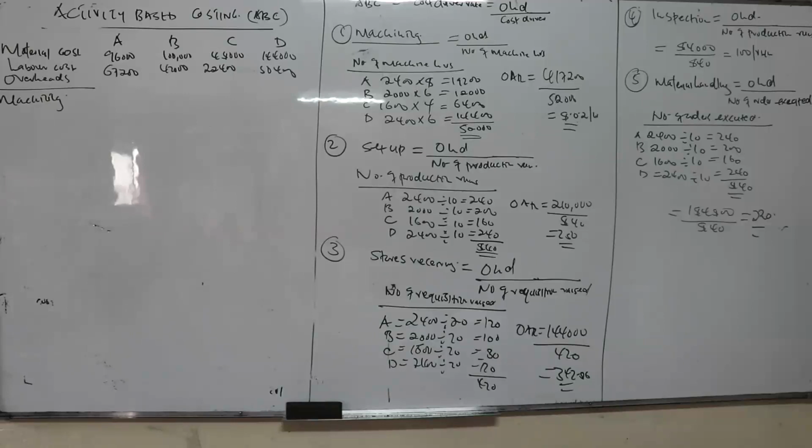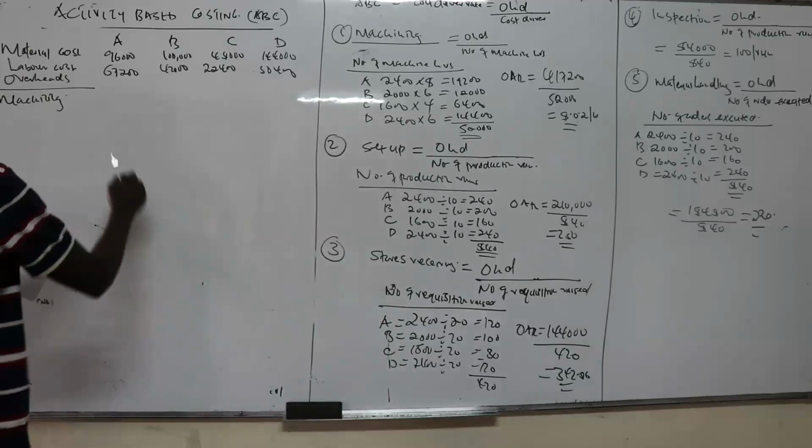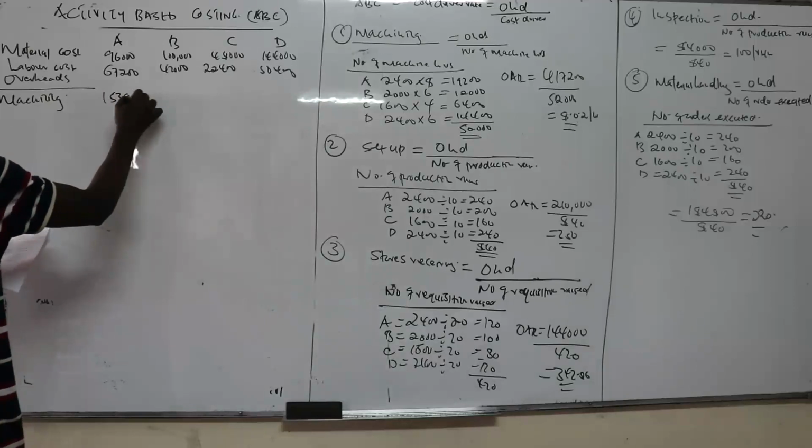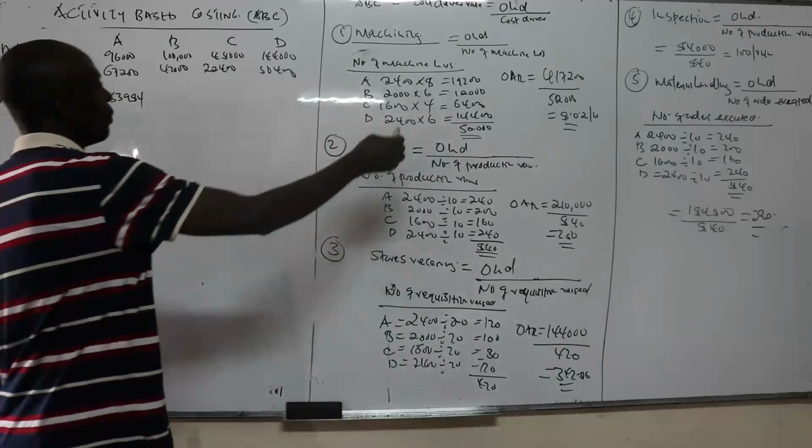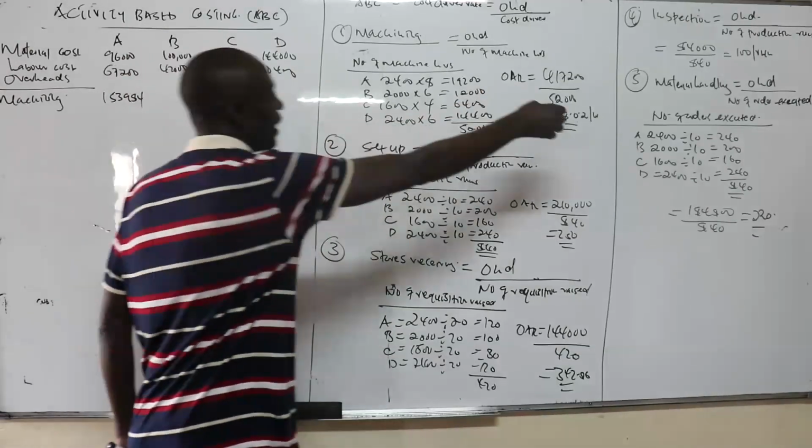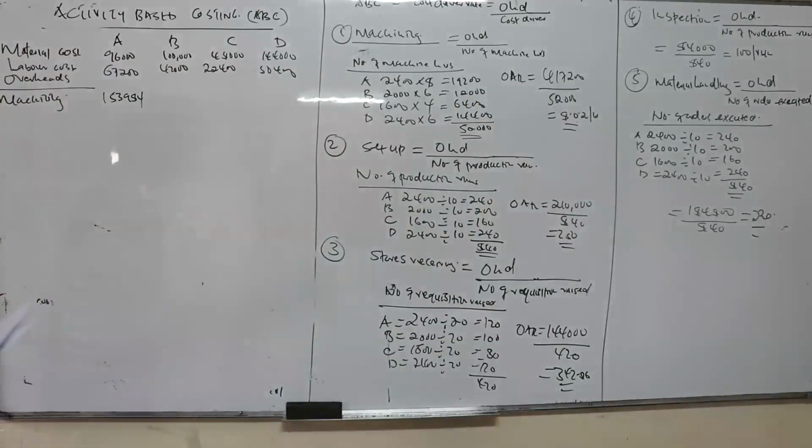153,984. So this one will be 153,984. The second one, you take the total machine hours for product B, and then the rate per hour is 8.02. What do you get? 96,240.